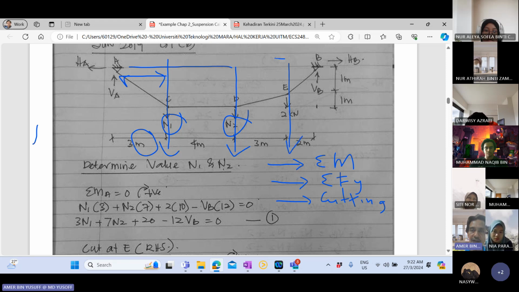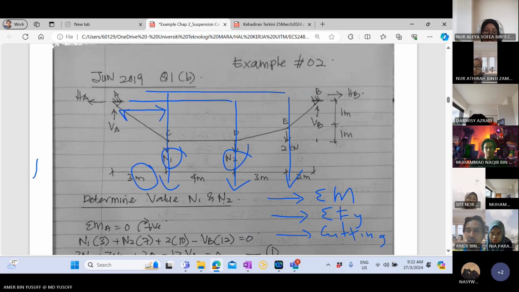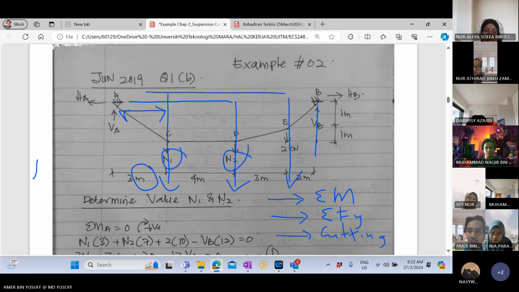This is the distance, 3 plus 4 plus 3. That's why you got the 10 here. Then VB upward. This is the distance, 2 plus 3 plus 4 plus 3. That's why you got a 12 here.